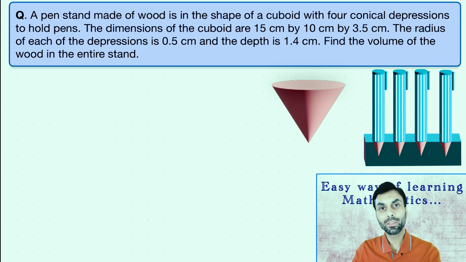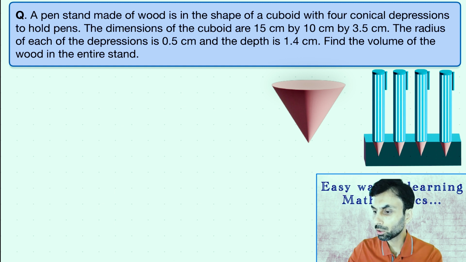So in order to find the volume of the wood in the stand, as we know that here 4 conical depressions have been made in order to hold the pen. So what will be there? We will have to find the volume of the remaining solid by subtracting the volume of 4 conical depressions.